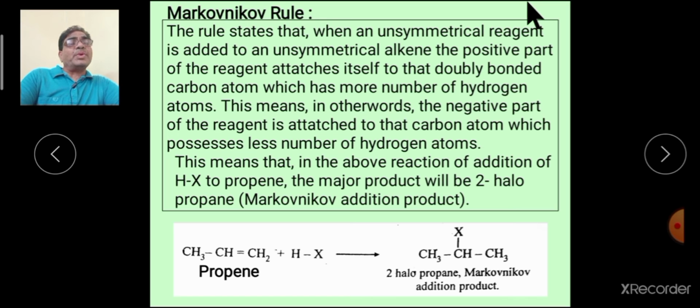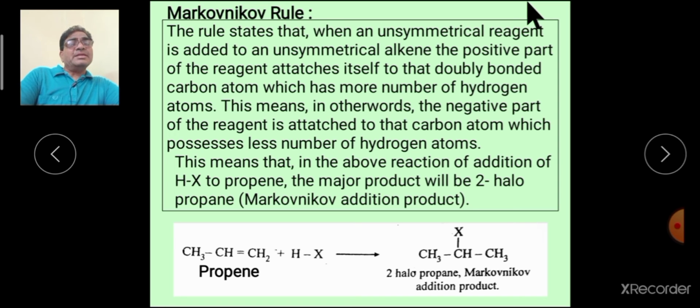That is, the positive part attaches to the carbon containing more hydrogen atoms. In other words, the negative part of the reagent is attached to the carbon atom which possesses fewer hydrogen atoms.